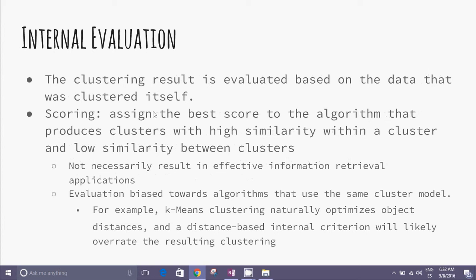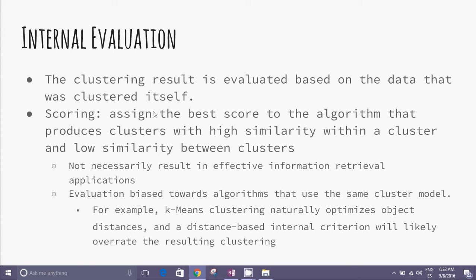There are two categories of clustering evaluation methods, and the choice depends on whether a ground truth is available. The first category is the extrinsic or external methods, which require the existence of a ground truth, and the other category is the intrinsic, internal methods.